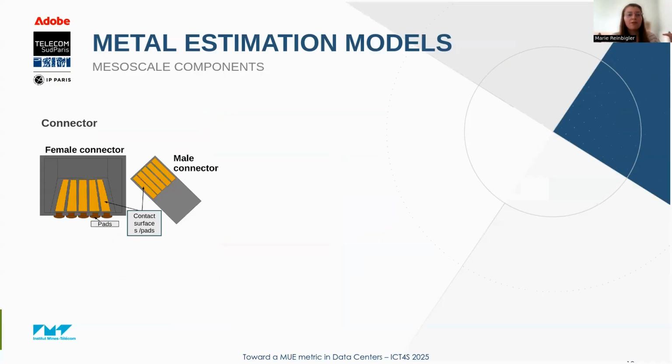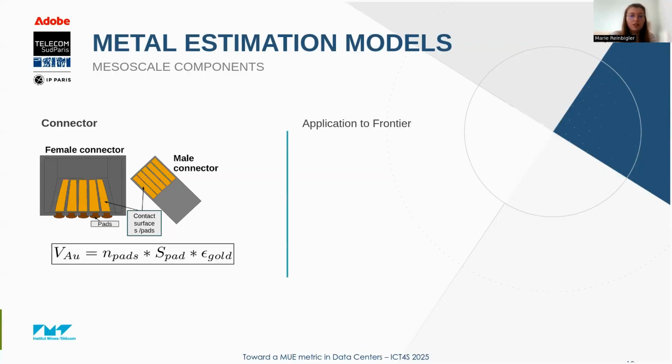And the male and female connectors can link to each other thanks to contact surfaces or contact pads. In this case, it's usually made out of gold because the goal is to have high performance connections. And so to estimate the volume, we need the number of pads that are used, the surface of a pad, and the thickness of the gold plating.